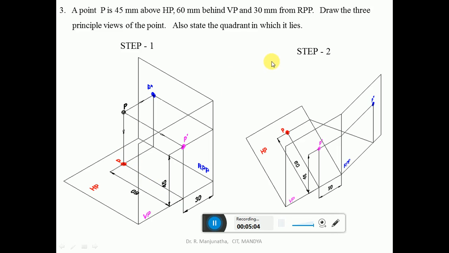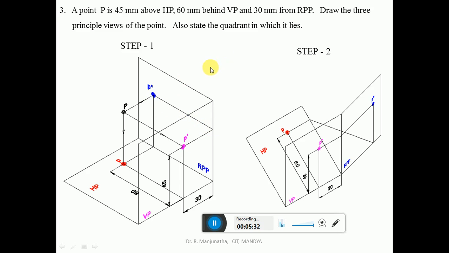Then when the observer looks from the right side view, we can see the distance above HP here, and also the behind VP distance is seen here.